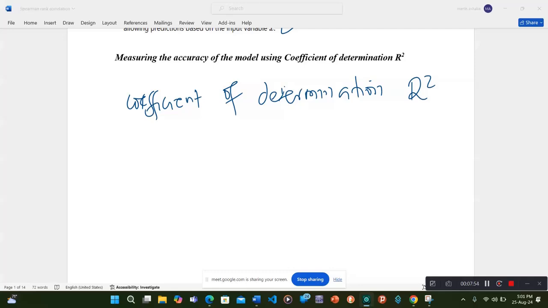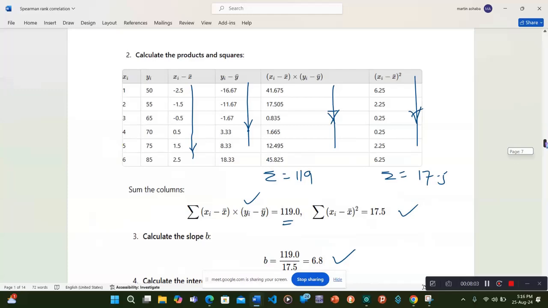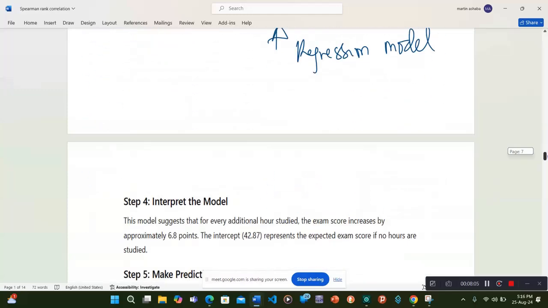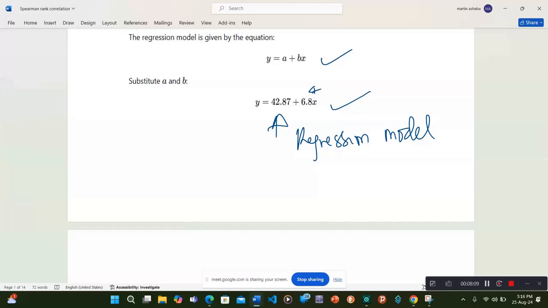So we are saying the coefficient of determination helps us proceed. Now, this is our regression model that maps this data very well, and this is the A value, which gives us the y-intercept, or the value of y when x is 0.